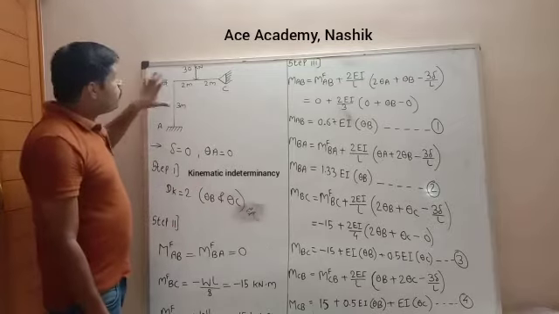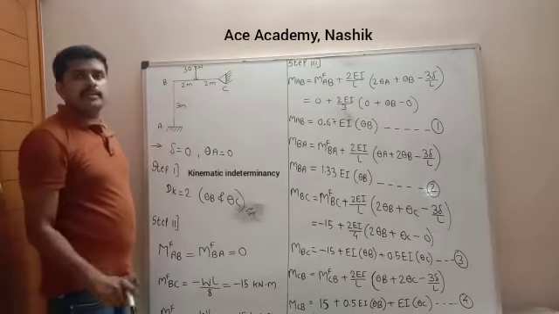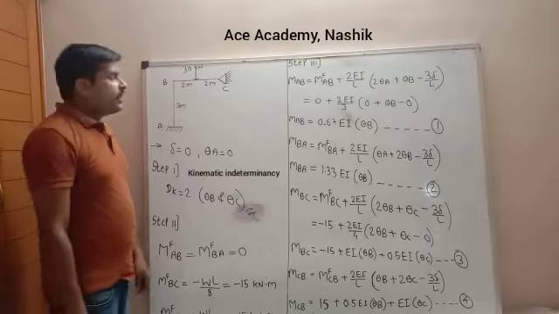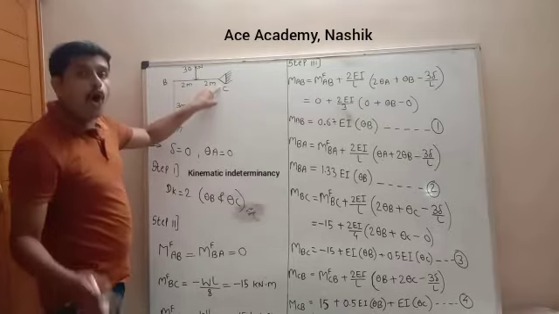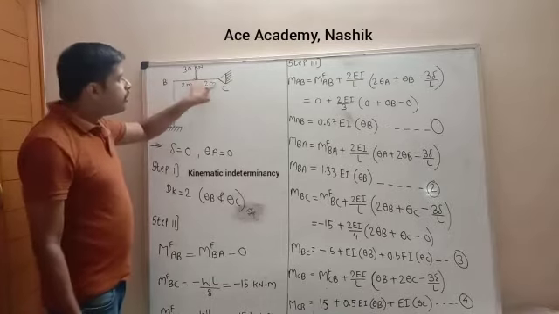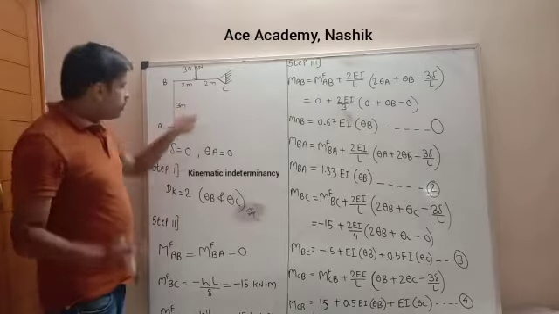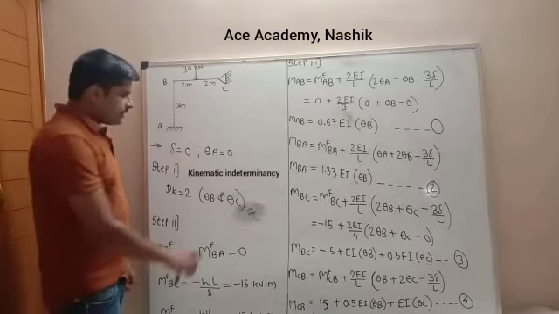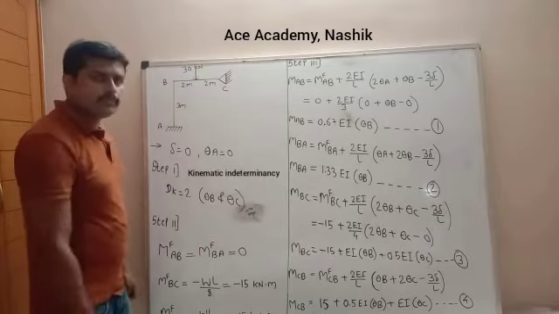But in a frame we have to count intermediate joints as degree of kinematic indeterminacy. Hence, joint B and joint C, or theta B and theta C, are the two degrees of kinematic indeterminacy. Hence, theta B and theta C are the two unknowns.